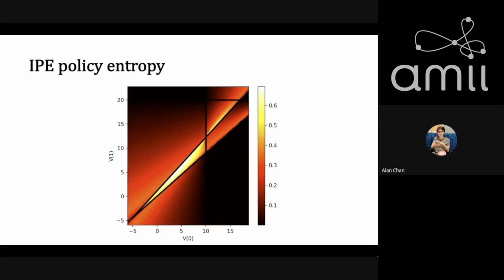I think we have two things that are somewhat similar. We have one result on the difference between the optimal action value function and the action value function for any IPE policy. You can decompose that as the sum of your error in estimating the optimal action value function and the IPE objective.